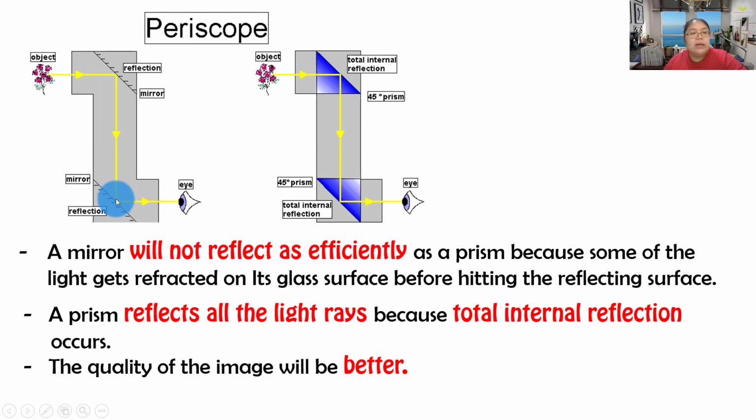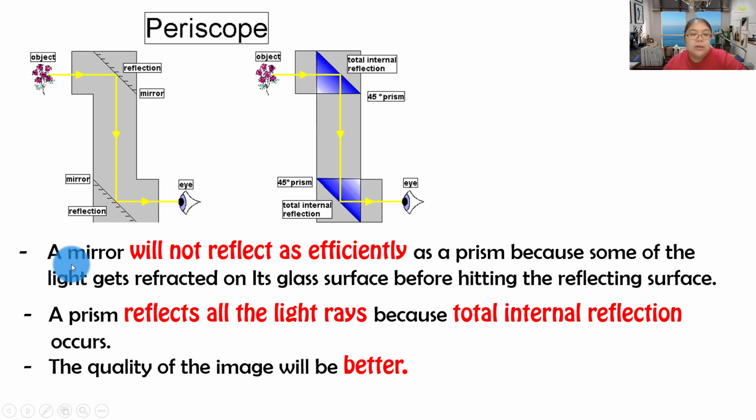Okay, this one is a comparison of the mirror and prism. Can you see the triangle is a difference? The light just touches the surface, then comes down. This one, the light totally goes into the prism, then comes up. So what's the difference? This one will lose light because you can produce many multiple images from the other side. This one no, the light totally goes in.